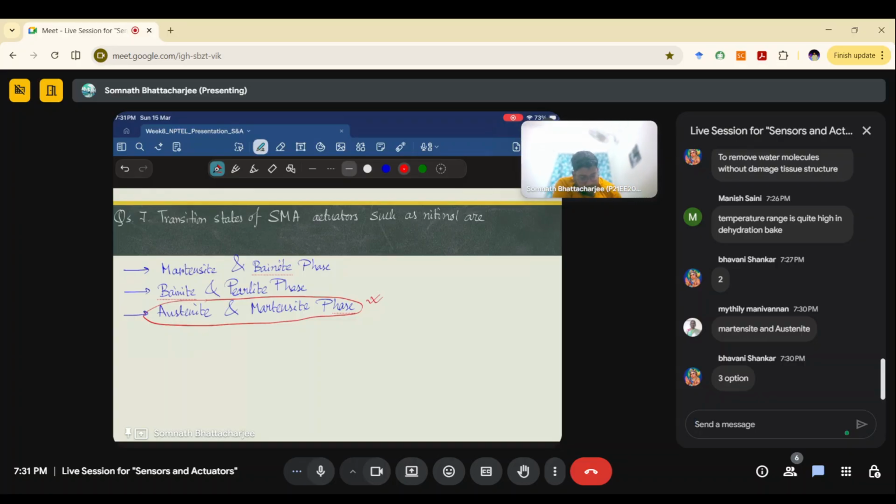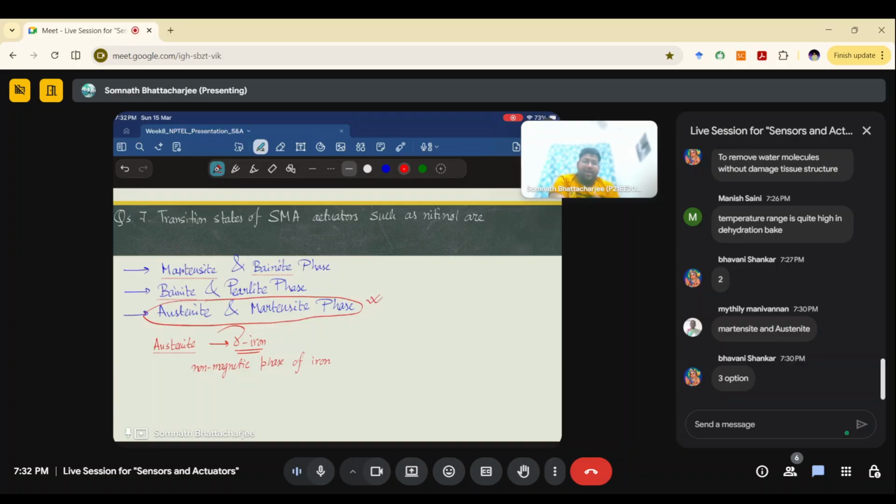Actually, this austenite is nothing but known as the gamma iron, right? This is a non-magnetic phase of iron.